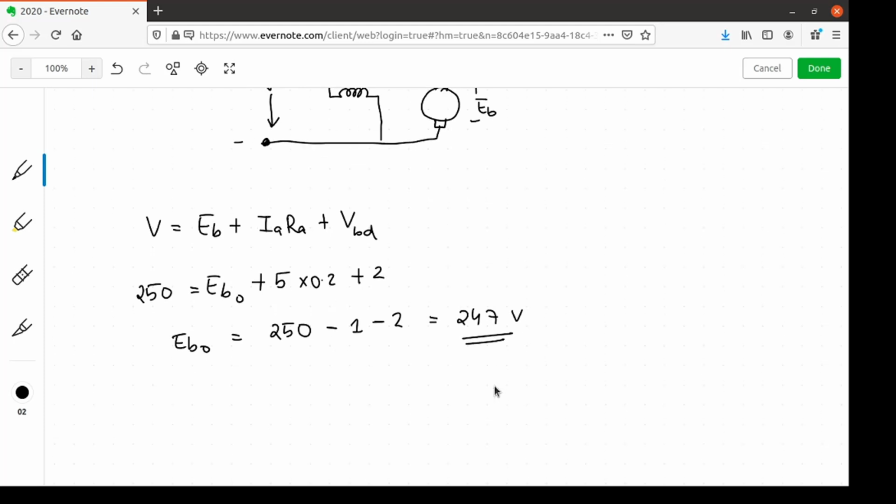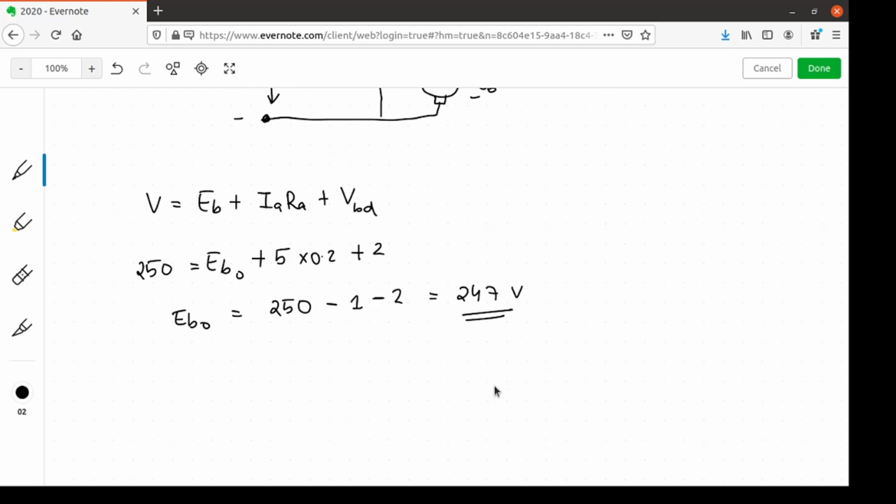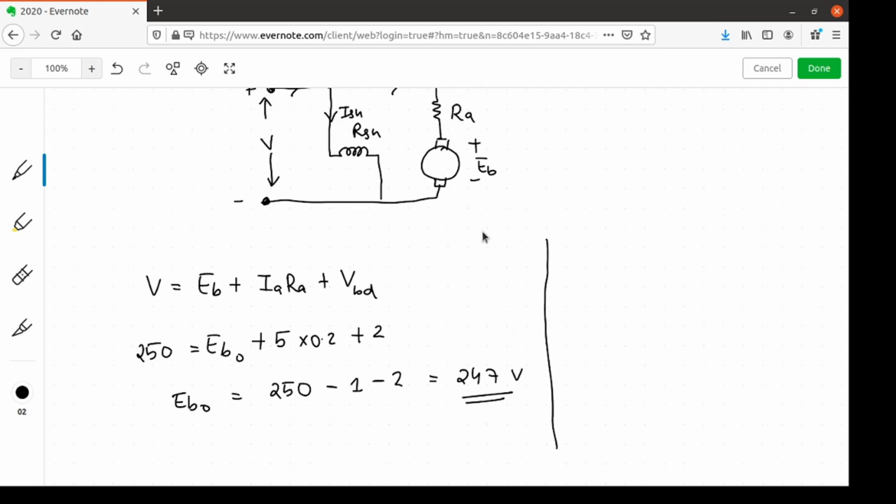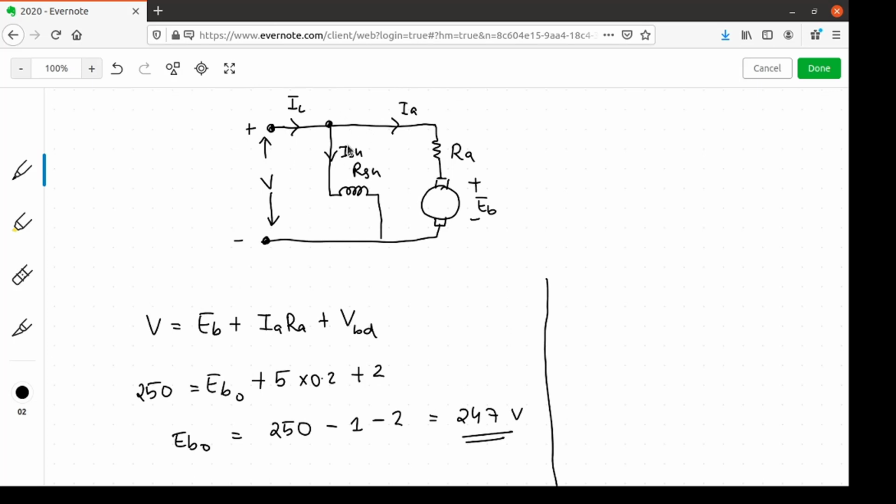Now similarly, we'll find EB for the loaded condition. But before that, we have to find the armature current since only the line current is given. Here you can apply KCL at this node to find Ia in the loaded condition. So Ia equals IL minus ISH, and ISH is nothing but V divided by RSH.